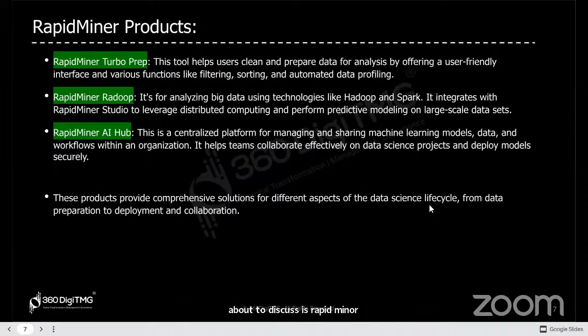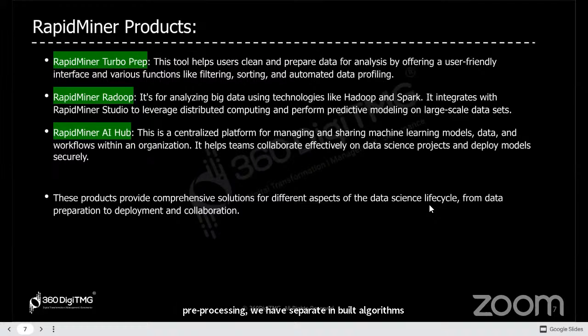RapidMiner is a data science platform with a user-friendly drag and drop interface, and it can handle larger data sets, that is scalability. We also have advanced features like text mining, and inbuilt algorithms for each and every task: for modeling, for evaluation, for data pre-processing, we have separate inbuilt algorithms in RapidMiner.